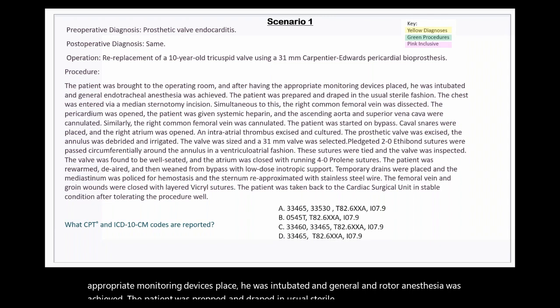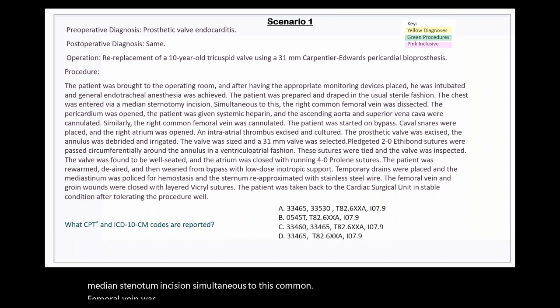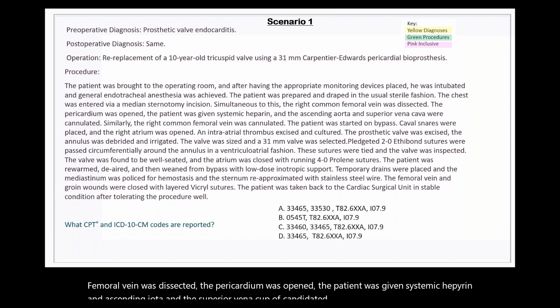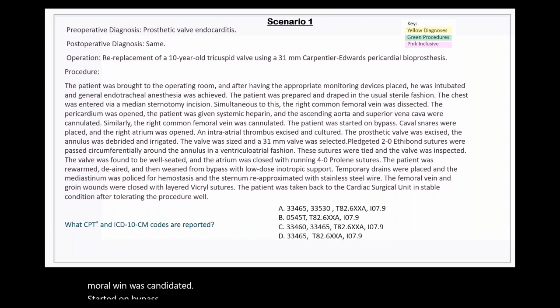The chest was entered via median sternotomy incision. Simultaneously, the right common femoral vein was dissected. The pericardium was opened. The patient was given systemic heparin and the ascending aorta and the superior vena cava were cannulated. Similarly, the right common femoral vein was cannulated. The patient was started on bypass. The caval snares were placed and the right atrium was opened. An intra-atrial thrombus was excised and cultured.